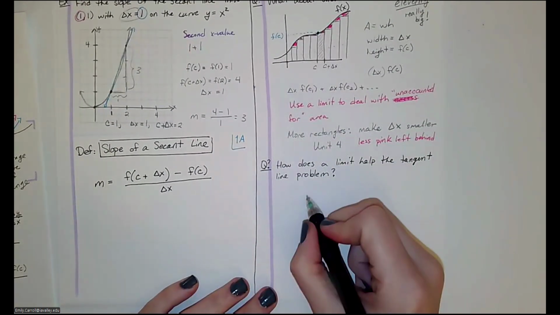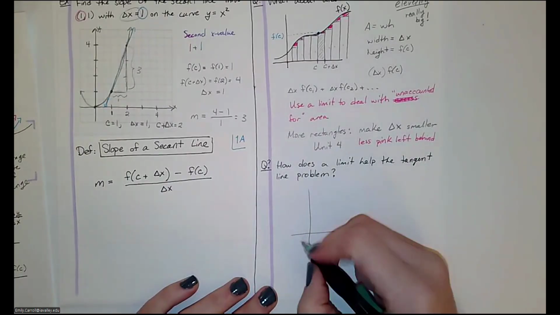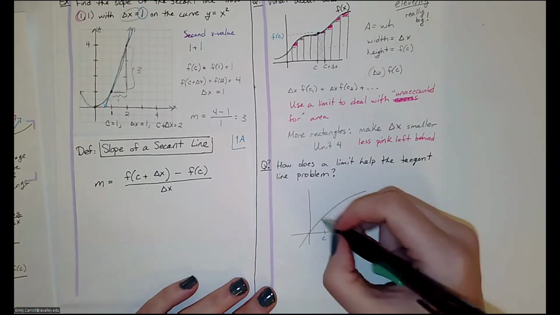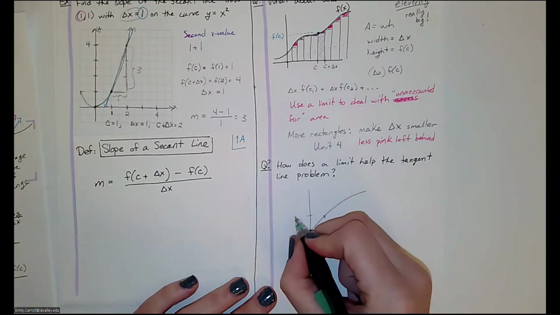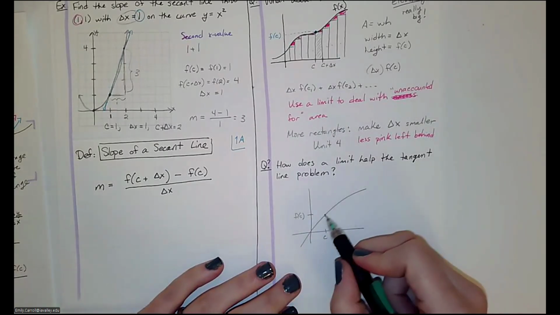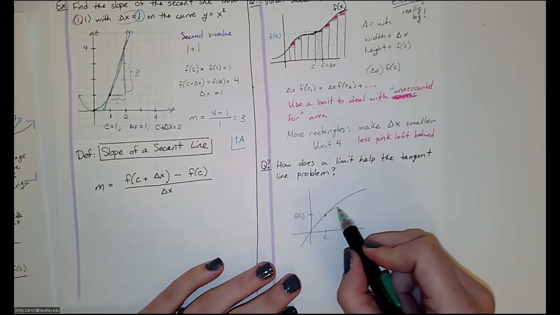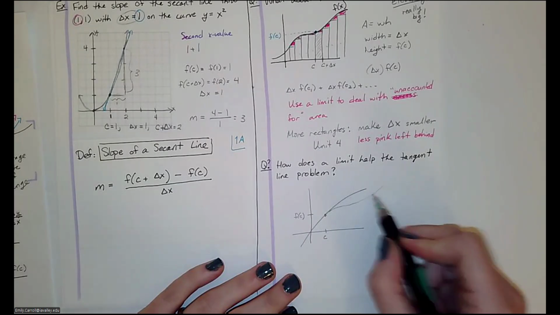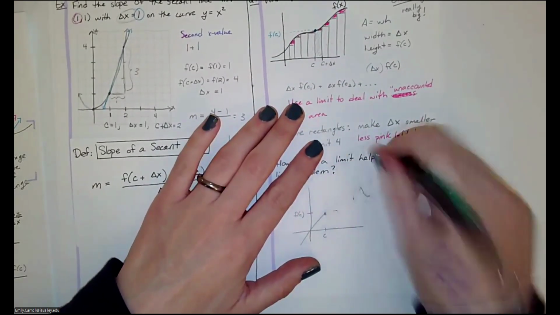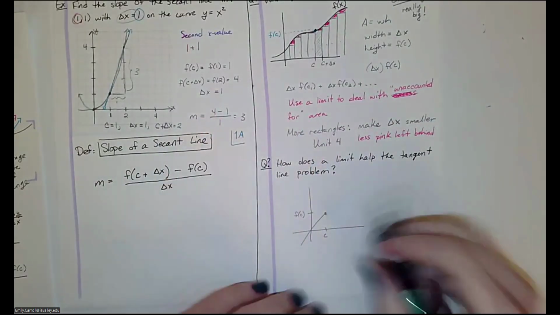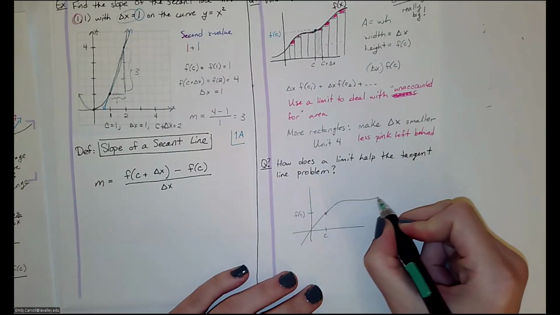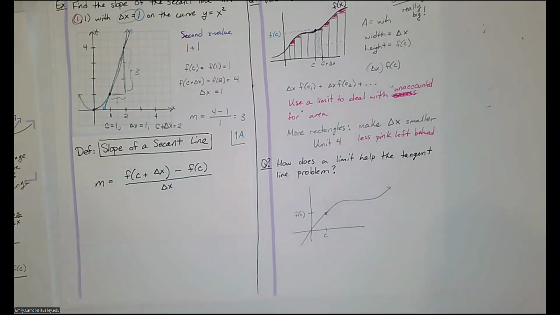Well, we had some kind of curve with an x value c, hits that y value. Let me draw this a little bit differently. I'm trying to think of how I want this curve to look to best show what I'm trying to show. Yeah, I think that'll do it.